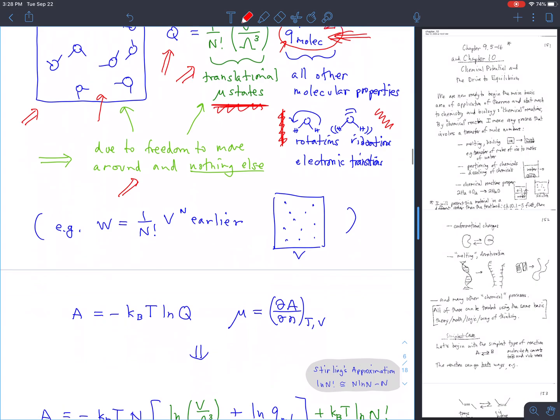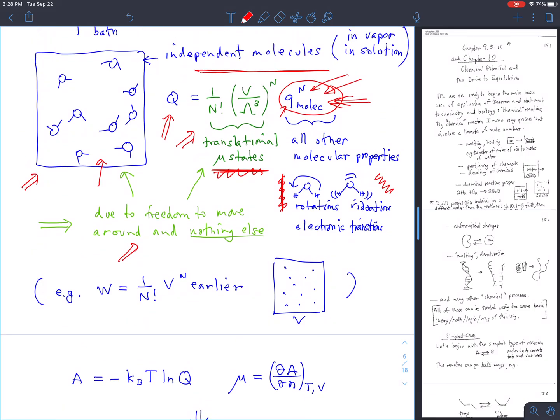All right. Let me point out one more thing, and that is that this term may look a little obscure and complicated, but we've seen another term like it earlier already when we were talking about what entropy is and what microstates are, what W is.